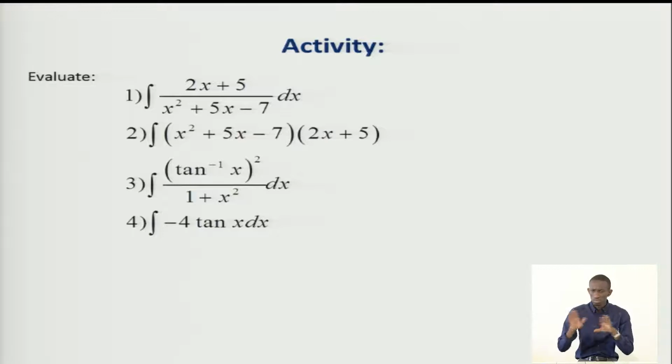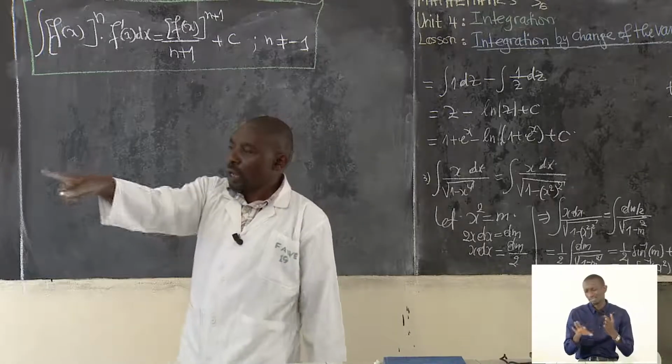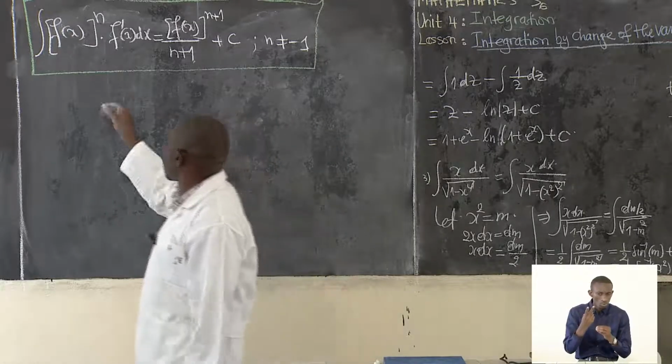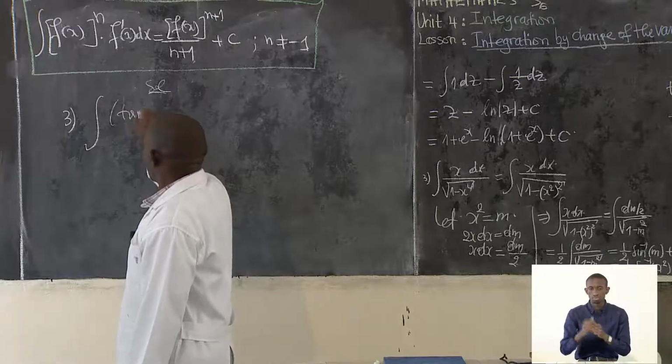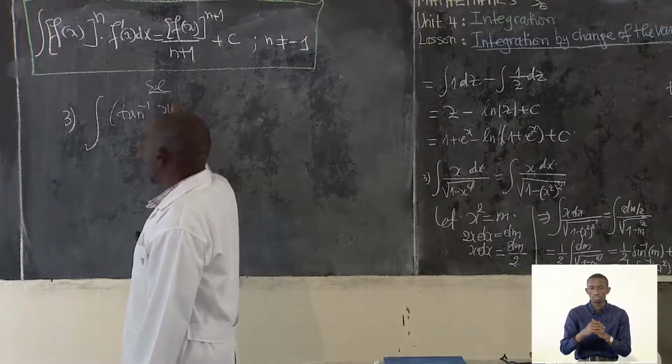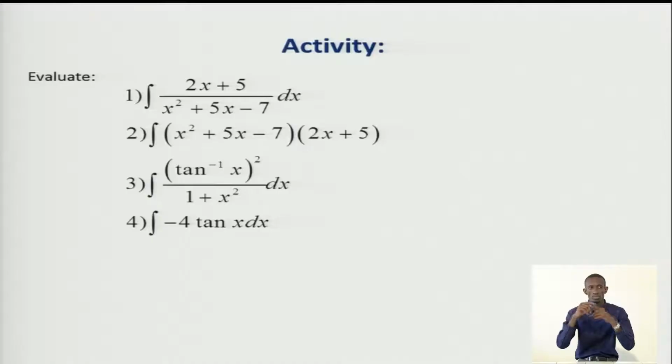Let us take number 3 and 4. Number 3: the integral of (tan inverse of x) squared over 1 plus x squared dx.